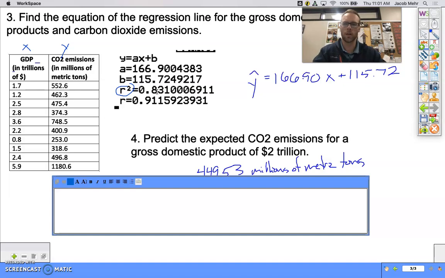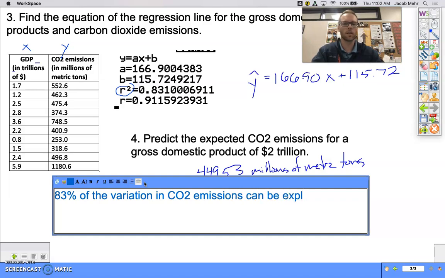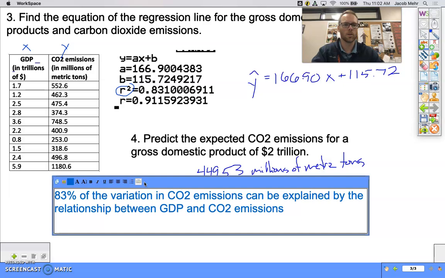What's our coefficient of determination? 83%. 83% of the variation in, what were our y values, CO2 emissions, can be explained by the relationship between GDP and CO2 emissions. 83% of the variation that we're seeing in our y values can be explained by the relationship between the x and y's.